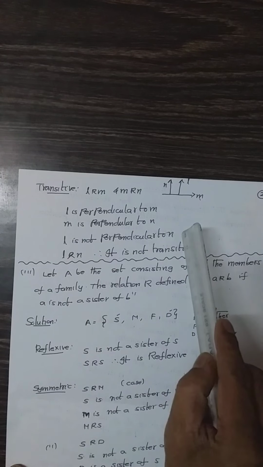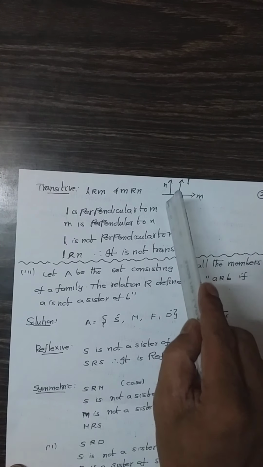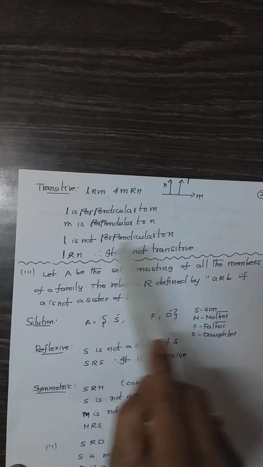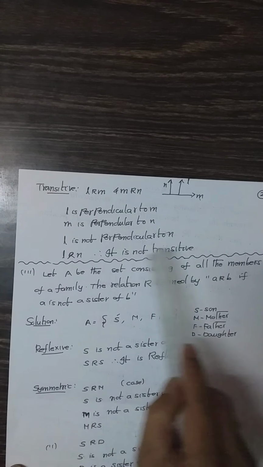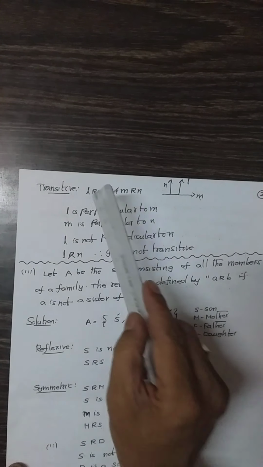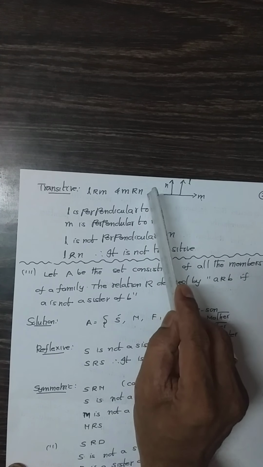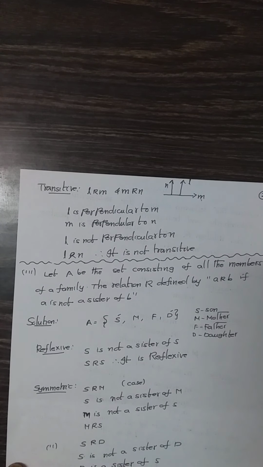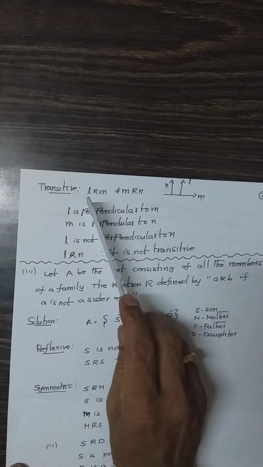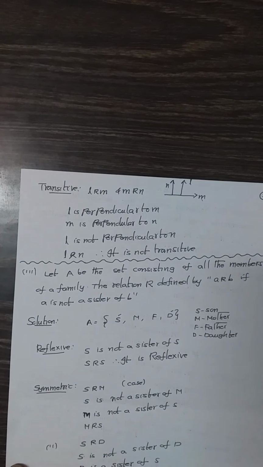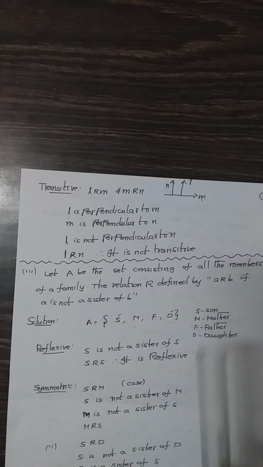Statement, relation, statement, statement, relation. At last, conclusion. Now we'll see. L is related to M and M is related to N. Then you have to check whether L is related to N or not. Now we'll check.